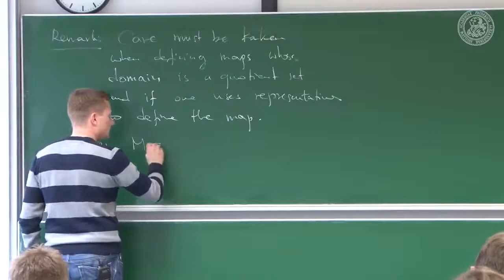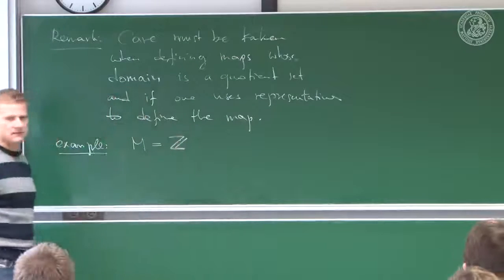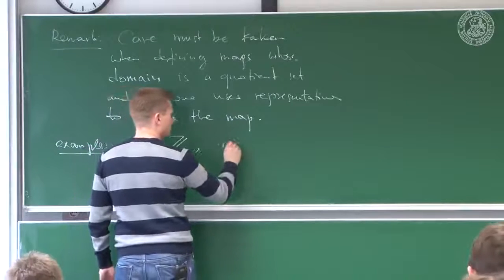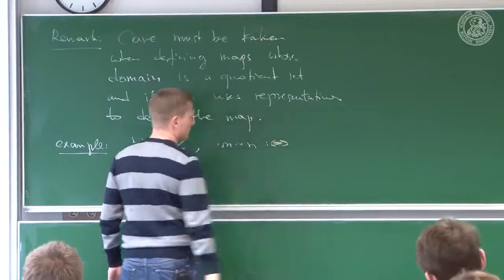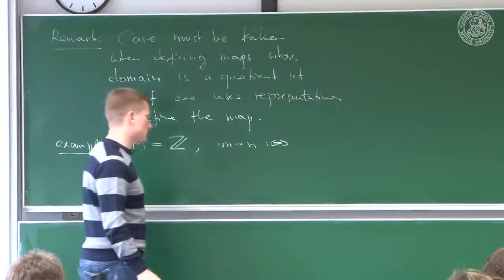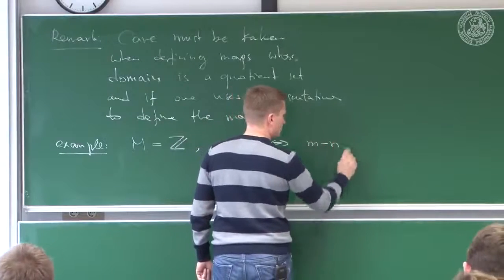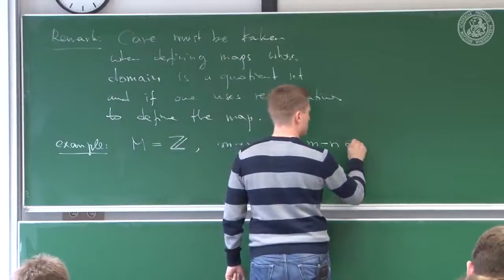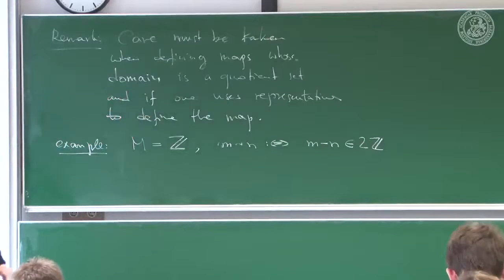Take as the set M the integer numbers Z and define two integer numbers m and n to be equivalent if and only if m minus n is an even number.